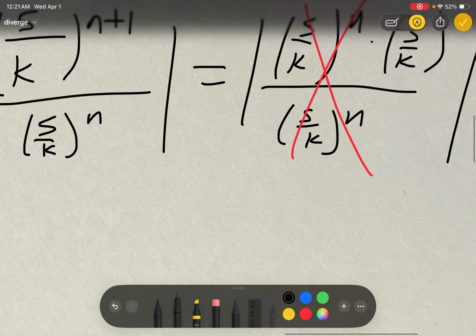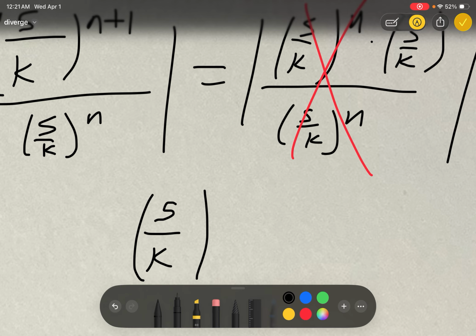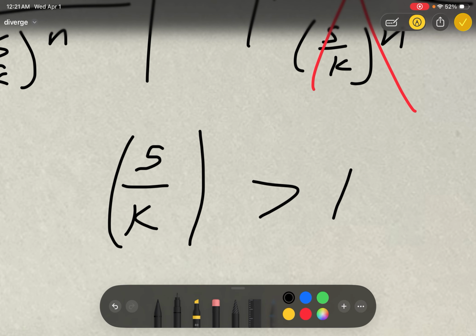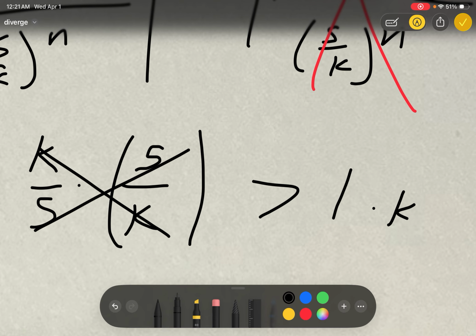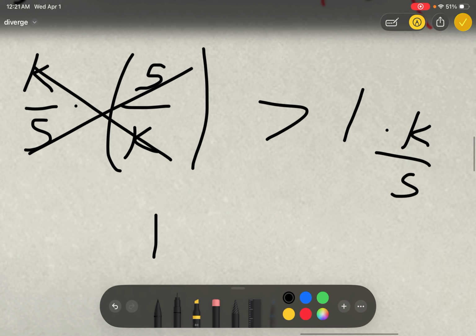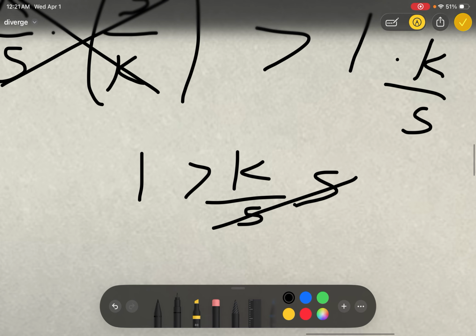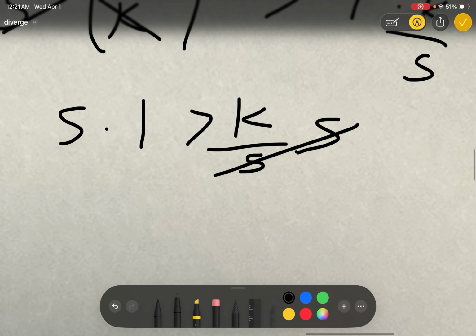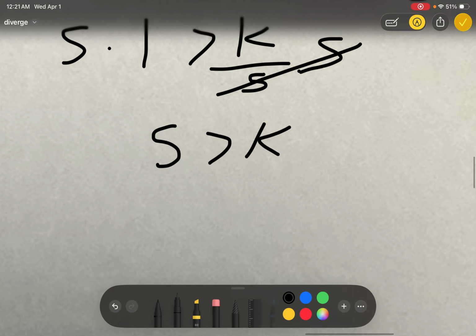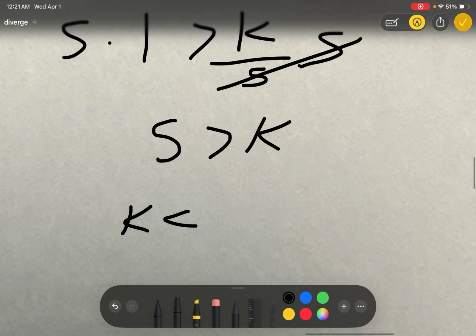And then to test for divergence, remember in the ratio test, a series diverges when it's greater than 1. So we're going to multiply this by its reciprocal, which is going to be k over 5. 1 is greater than k over 5, so times 5, 5 is greater than k, meaning k is less than 5.